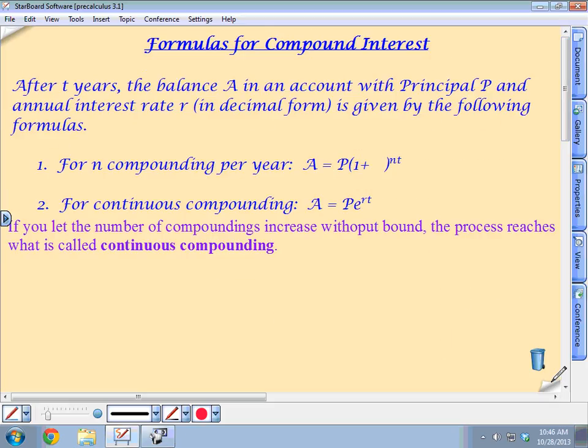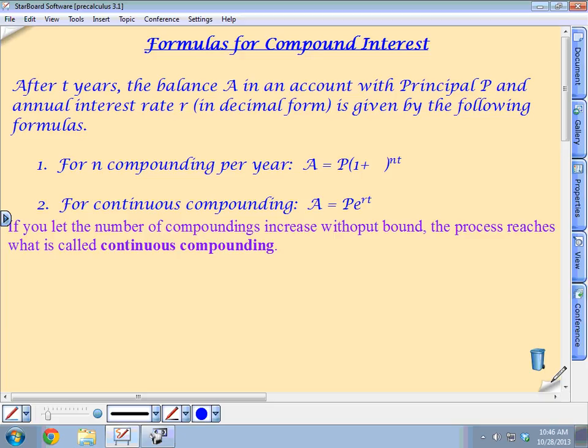Formulas for compound interest. This idea first came up when we calculate compounding interest.